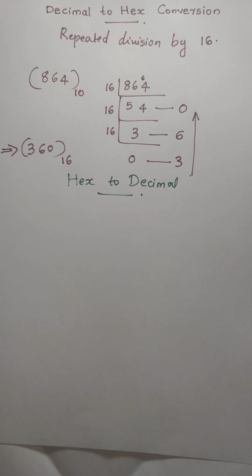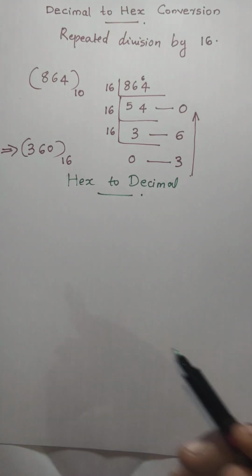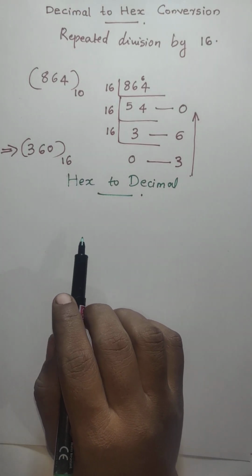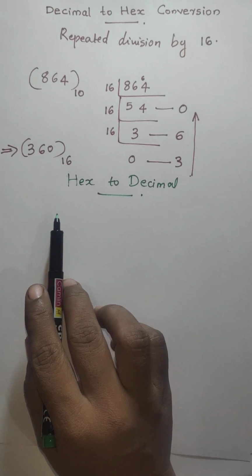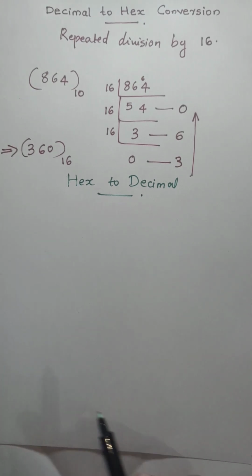Yes, positional weightage. You know that. Like that, here there is positional weight, but instead of 2 we have 16. That means 16 raised to 0, 16 raised to 1, 16 raised to 2, and so on.